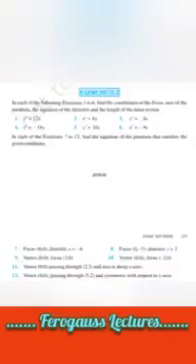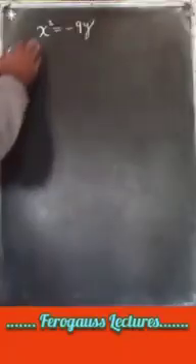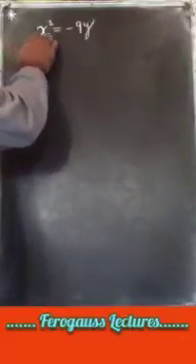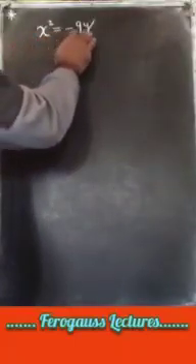Now let's take one more question. When equation of parabola is x square equal to minus 9y. Here equation of parabola is x square is equal to minus 9y.